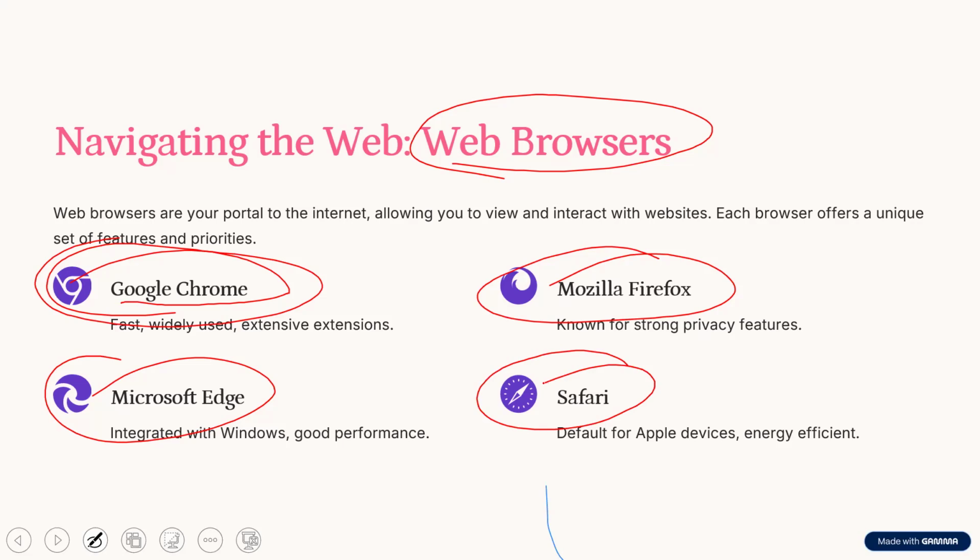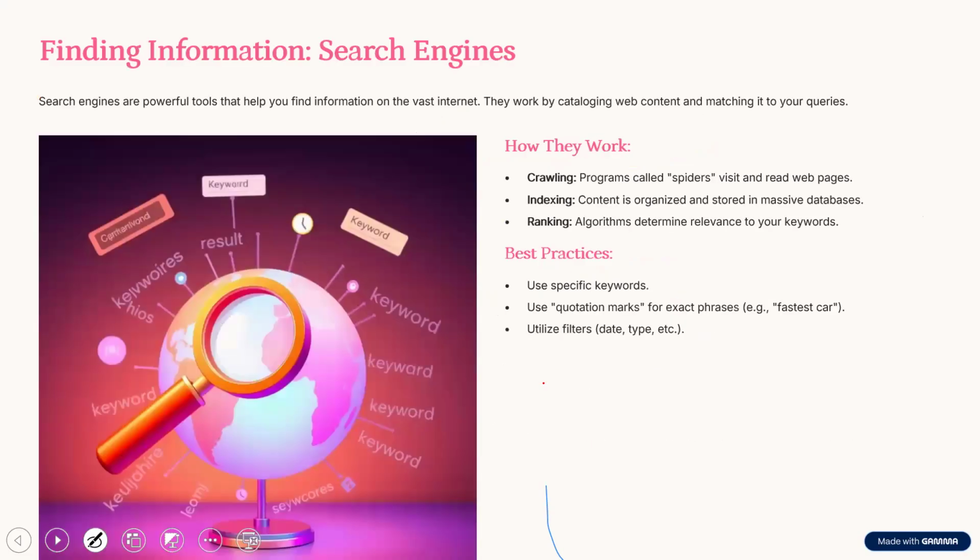There are so many other browsers out there. So the browsers help you to gain access to the internet. You launch a browser, and then you can type in the address of wherever you are going, and it helps you to get there.